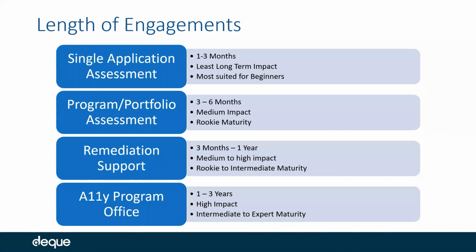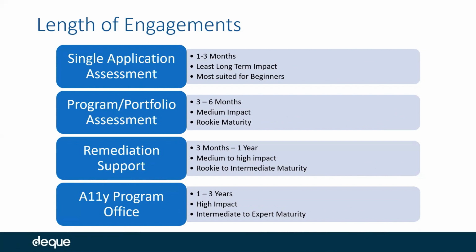So it can be medium to high impact depending on how many issues your team is fixing. This is also the kind of project where your partner will be helping your developers gain that accessibility knowledge, really make sure everything going forward will be accessible. This is where you start pushing yourself from rookie to intermediate level of maturity.